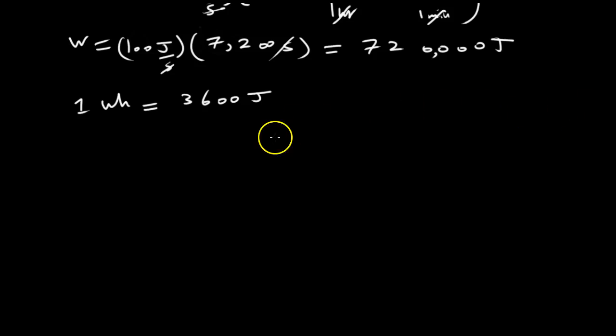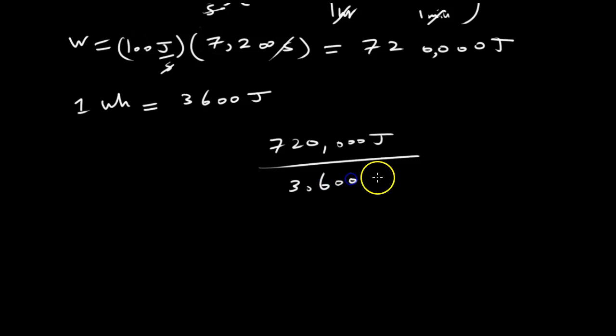So what I'm going to do is divide 720,000 joules by 3,600 joules, and that ratio is going to give us the watt hours. When you divide that out, you end up getting 200, and that should be watt hours.